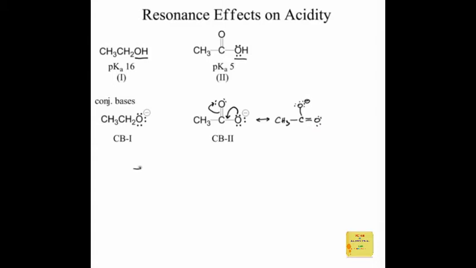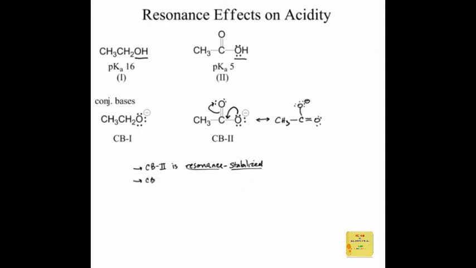So what we could say here is that conjugate base 2 is resonance stabilized. You could say it's stabilized by resonance. Resonance is always a good thing and will always have a big impact on stability.